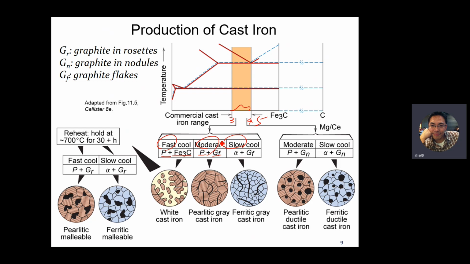For slow cooling, the microstructure is ferrite and graphite flakes. Therefore, we can work out which one is the hardest, or which one has the higher ductility. So what's the secret of the hardness with these different cooling rates?